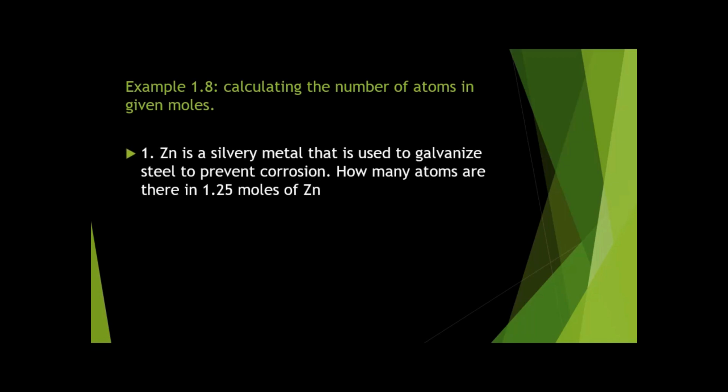Now, question number 1. Zinc is a silvery metal that is used to galvanize steel to prevent corrosion. How many atoms are there in 1.25 moles of zinc? Students, you can see that the number of moles is given, that is 1.25, and we have to find the number of atoms of zinc.